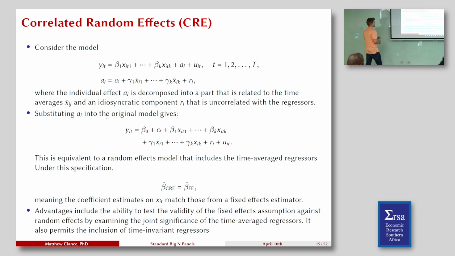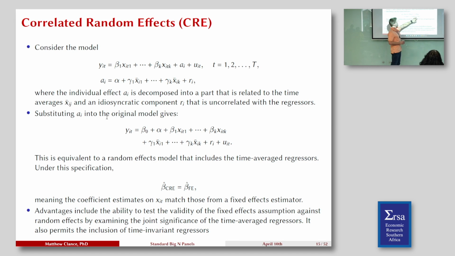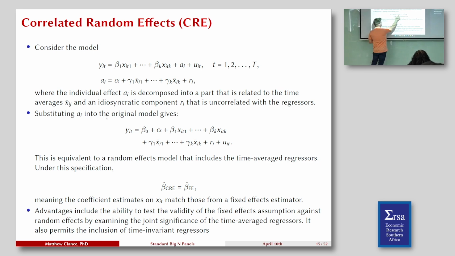Okay? If we substitute this back in, so we take this and put it back into there, we come up with this particular equation, which leads to a different, composite error term. But remember, we assumed that this r_i term was uncorrelated with the other regressors. But now that we have it here, remember how we did the demeaning approach? In this case, beta 1 x_it1.